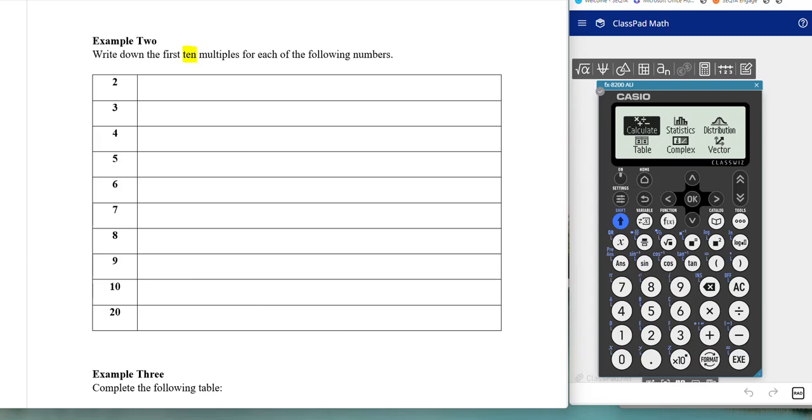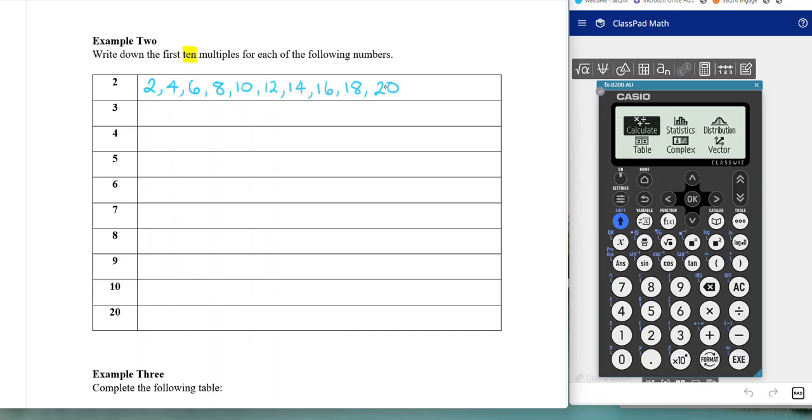We could almost do a little chant here, I think. 2 times 1 is 2. 2 times 2, 2 times 3, 2 times 4, 2 times 5, 2 times 6, 2 times, what am I up to, 7, 2 times 8, 2 times 9, and 2 times 10.